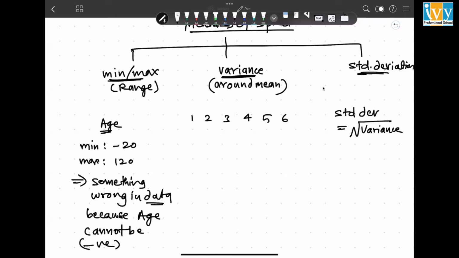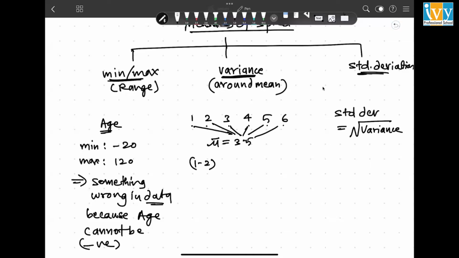If you take the mean of these six values, it will come out to be 3.5. So 1 plus 2 plus 3 plus 4 plus 5 plus 6 divided by 6, the mean value will be 3.5. So what variance tries to do is find out the distance between each value and the mean value.